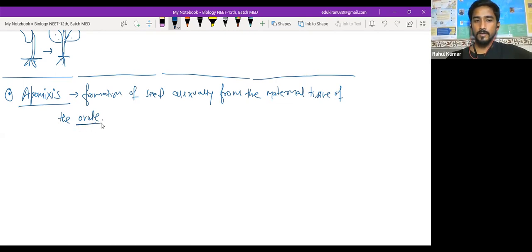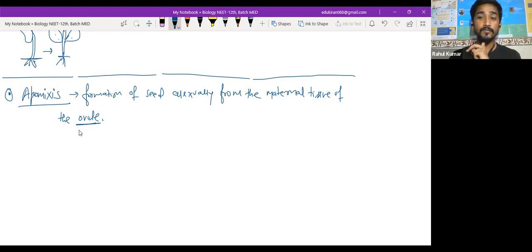Now, the ovule is involved, which means, yes, the ovule forms seeds. But the point is, the ovule contains an egg cell, which is haploid. But after apomixis, the seed that is formed is not haploid. So what do you think must have happened? You still need to fuse something with the egg cell to make it diploid, right? But if you are not fusing a male cell, then it is not sexual reproduction.